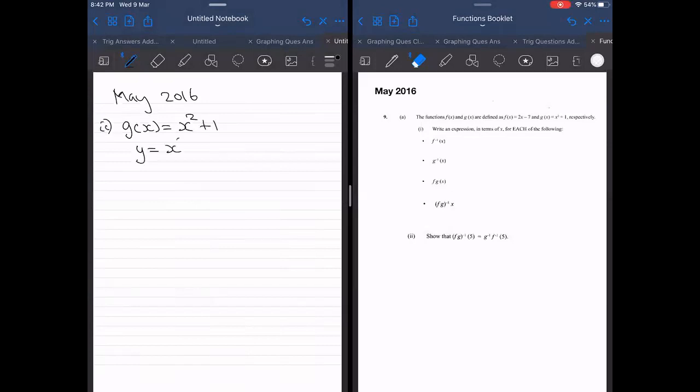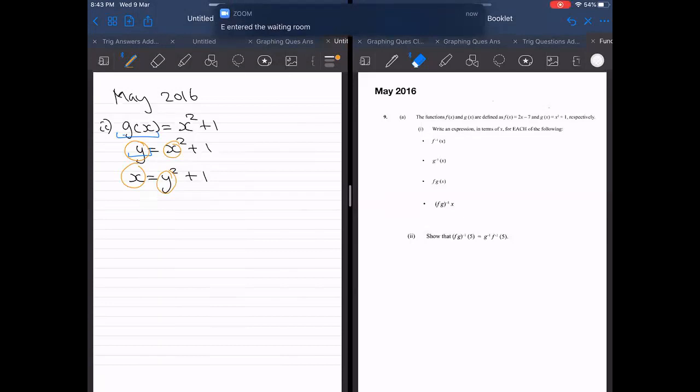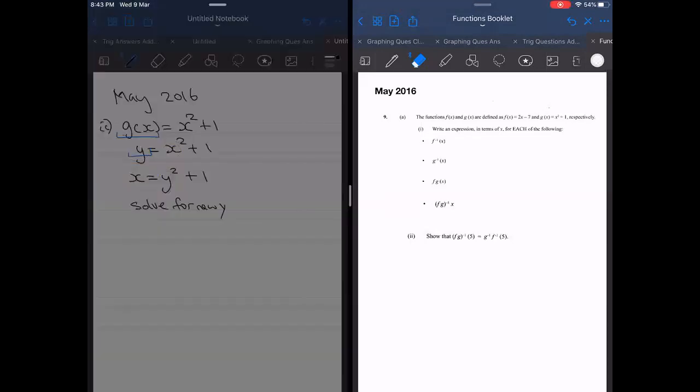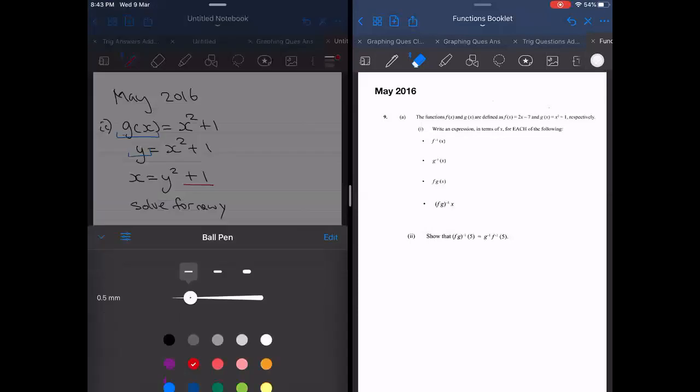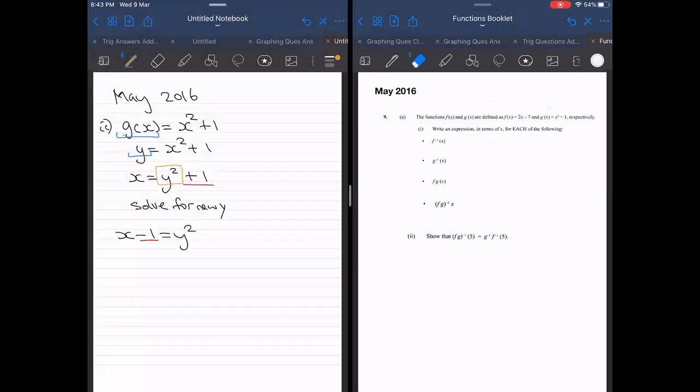We let Y equal G of X, and then we interchange the X and the Y. Then we want to solve for the new Y. So the plus 1, when you take it across, you subtract, because we're looking for Y, so you want to move everything from beside the Y.